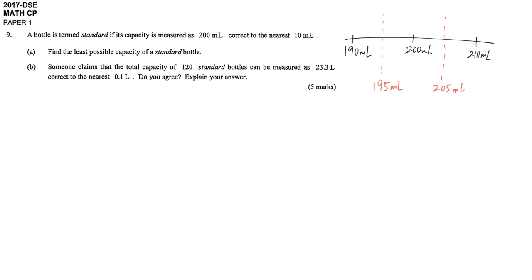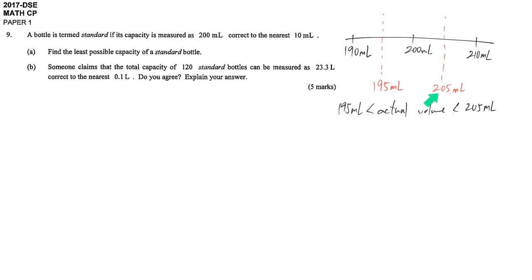So if we ask you the actual length, that means the actual volume, then you will say that it's within 195 and 205. But beware, it can be exactly 195. Where it is exactly 195, you still consider it as 200, so there should be an equal sign here.